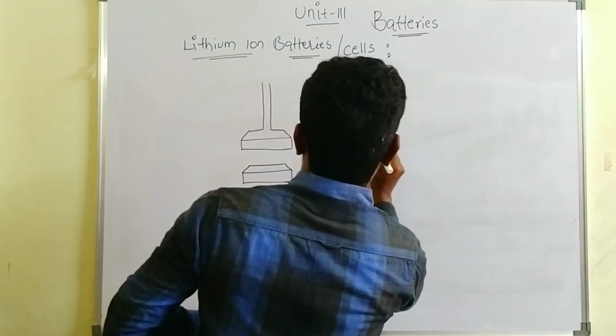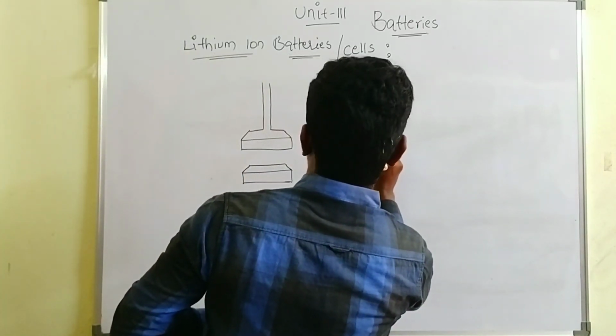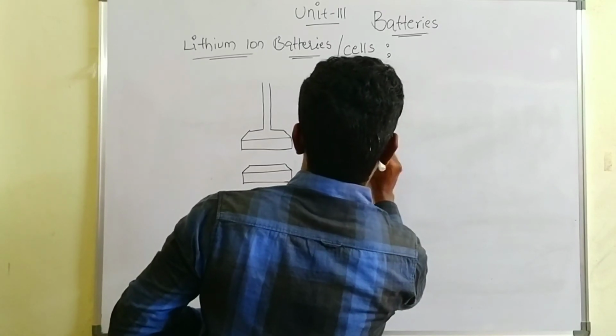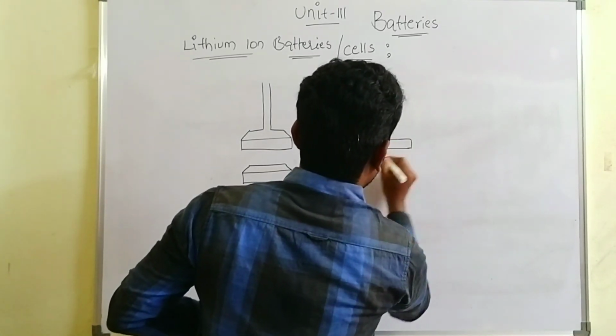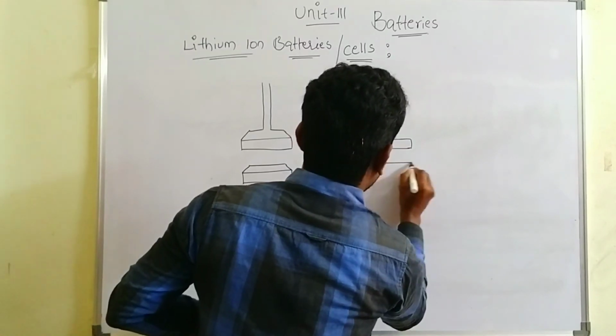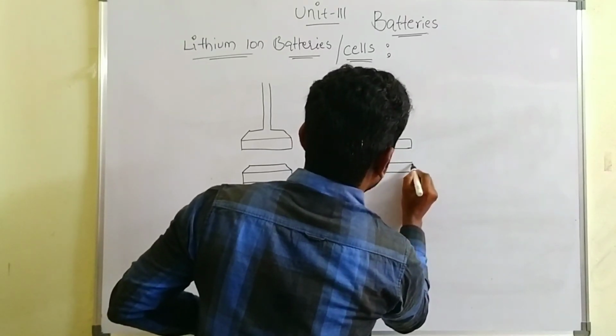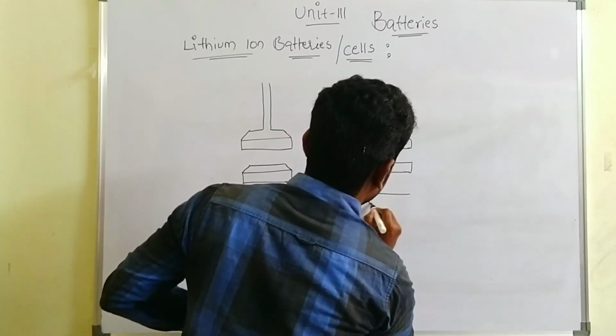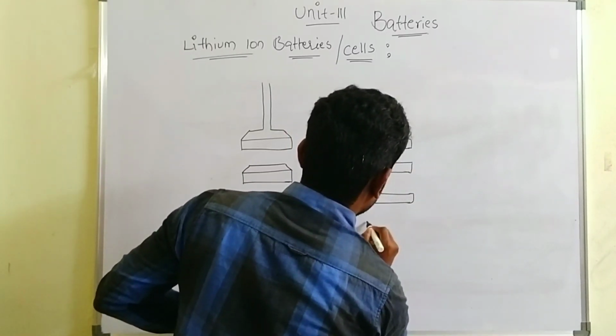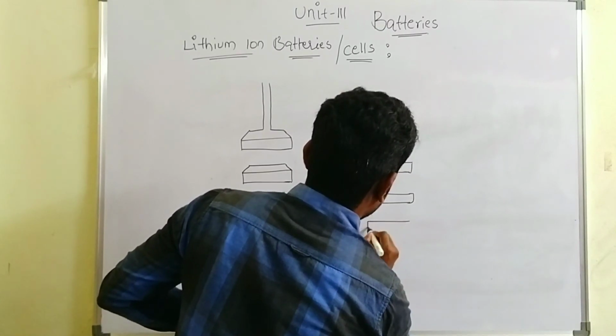In the same way, here we have the layer type of cobalt oxide which is acting as a cathode. These are the layers.